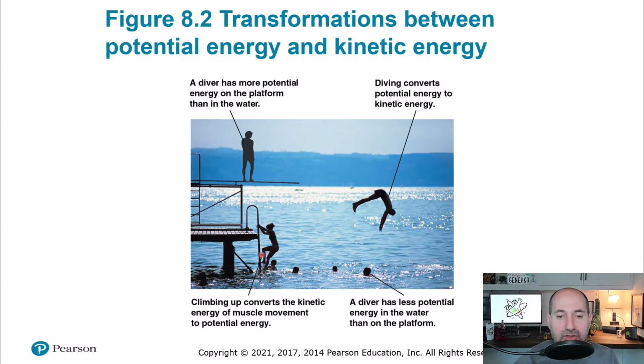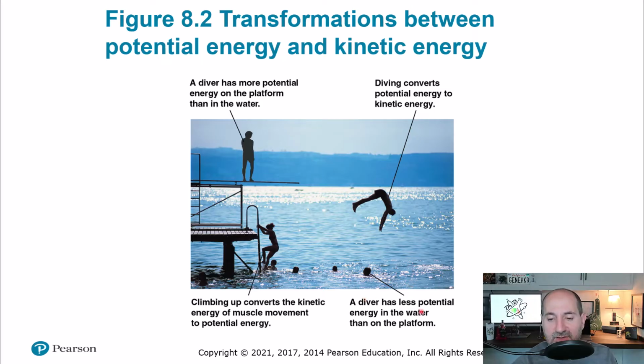The diver climbing up the ladder using kinetic energy to climb up the ladder converts that kinetic energy into potential energy. The diver has more potential energy on the platform than in the water. And then that diver can convert that potential energy to kinetic energy, falling back into water.